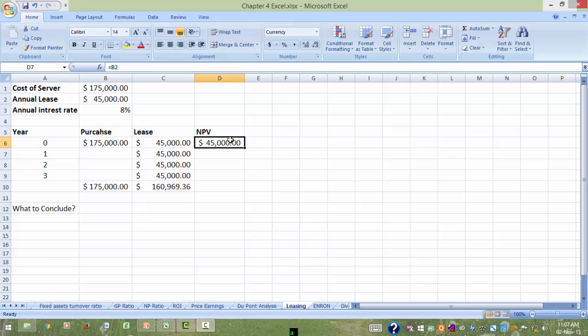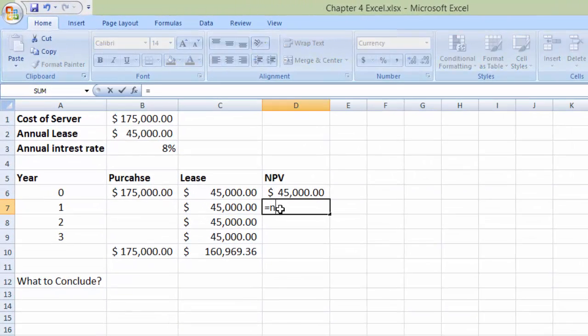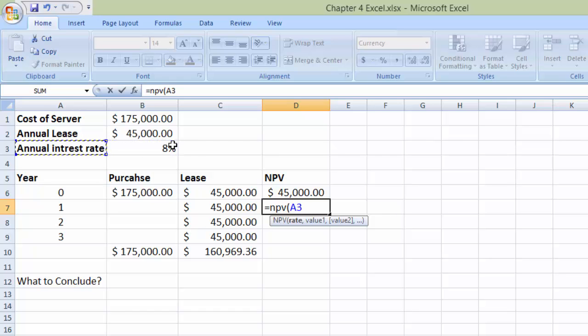Next is NPV, that is equal to B2, and in the next cell D7 equals NPV. Rate of return, that is 8%, means B3. Fix the B3 cell through F4. Comma, value, that is D6.